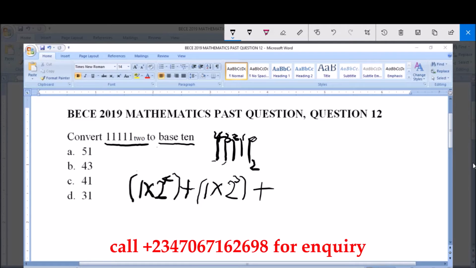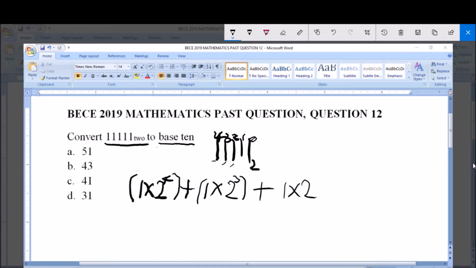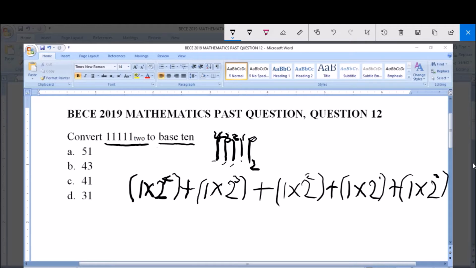Plus, the next number: 1 times 2 raised to the power of 2, in brackets, plus 1 times 2 raised to the power of 1, in brackets, plus the last number, which is 1 times 2 raised to the power of 0, in brackets. Now you've expressed this in its base form.